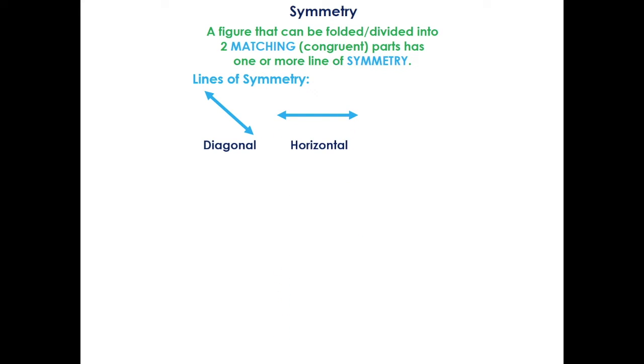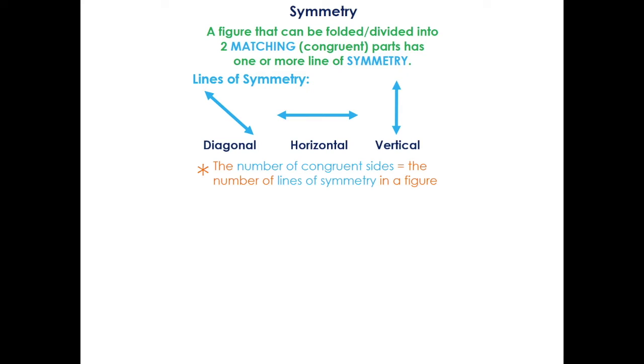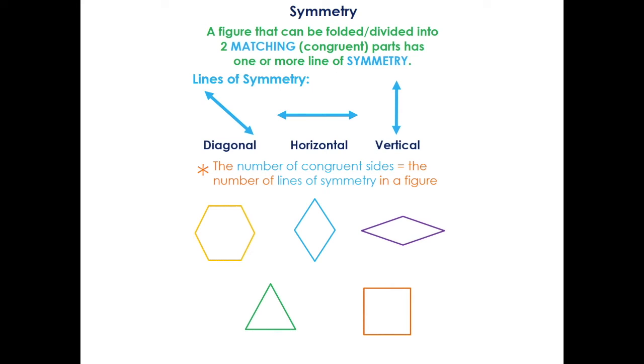I have a horizontal line of symmetry, or I have a vertical line of symmetry, straight up and down. The number of congruent sides equals the number of lines of symmetry in a figure. These shapes are going to come back later.